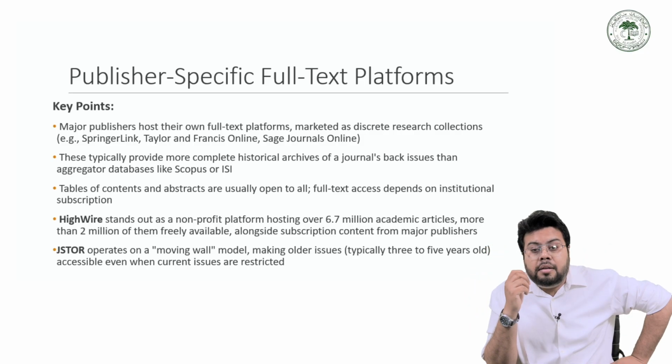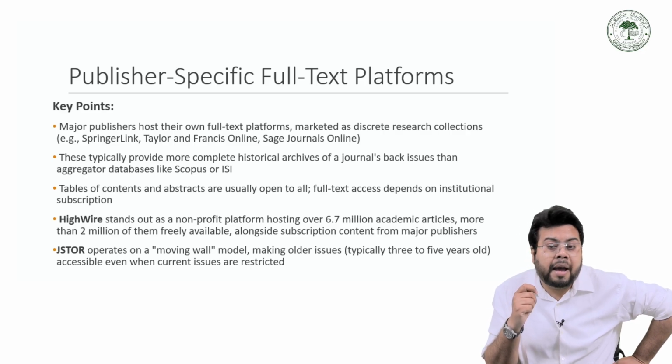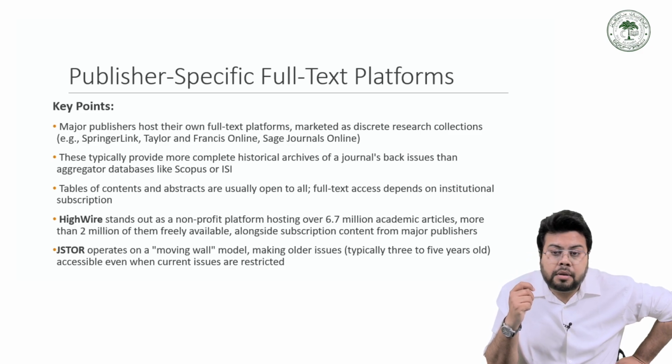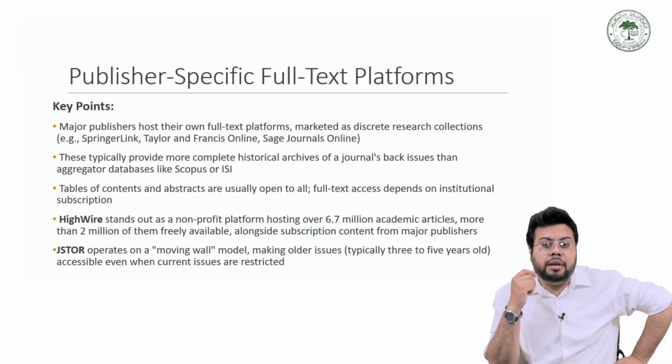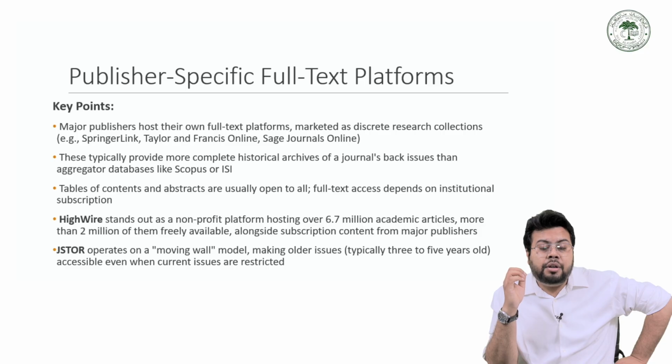JSTOR frequently makes older issues, typically from 3 to 5 years back, freely accessible, even when the most recent issues remain locked behind a subscription. Before you give up on a journal, check whether the article you need falls on the accessible side of that moving wall.